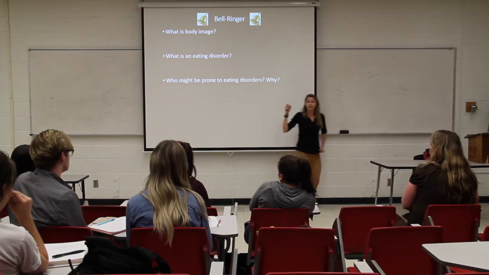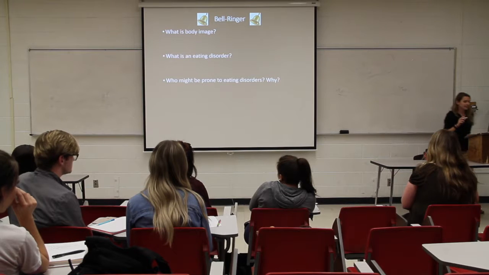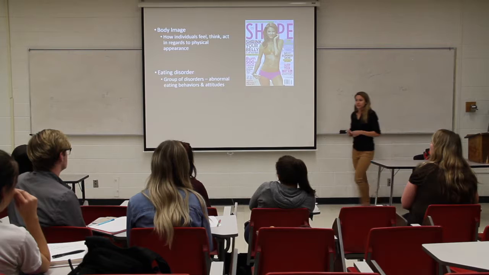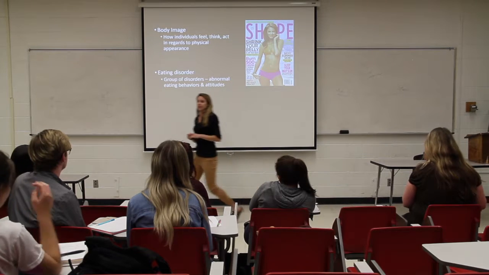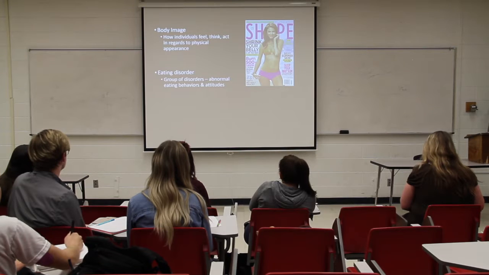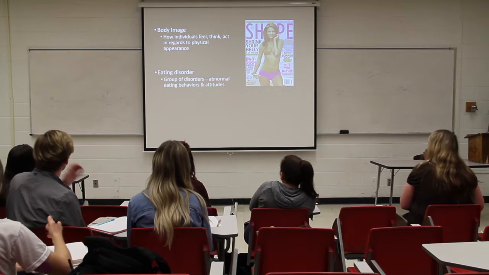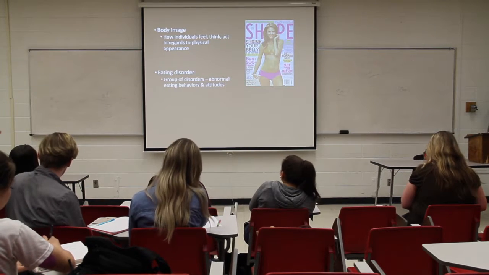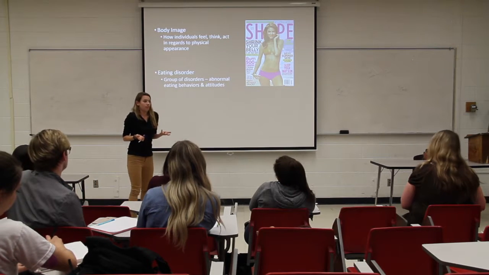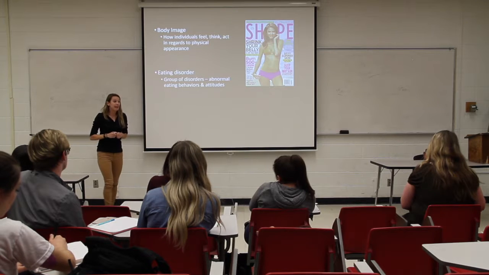Okay, we're going to move on, just because time is of the essence. A lot of you had great definitions, and there are many definitions because the scope and breadth of this is huge. But here's just one. It's how people feel, think, and act in accordance to their physical appearance or certain attributes about their body.